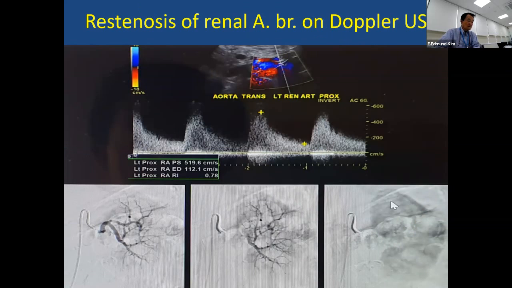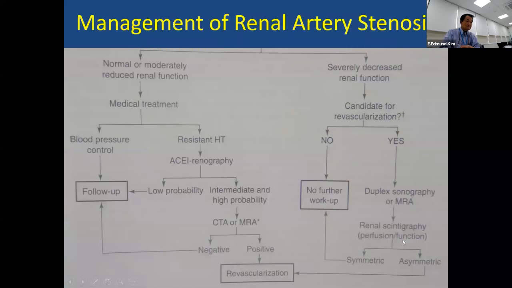Certainly ultrasound or angio: ultrasound shows high resistance in renal arterial proximal stenosis, as you can suspect. And then angio can show narrowing of a small renal arterial branch.